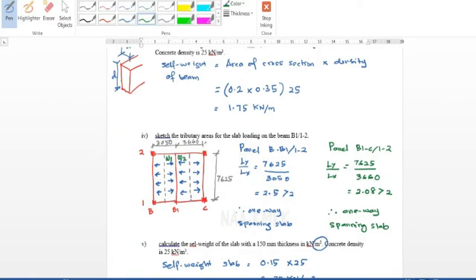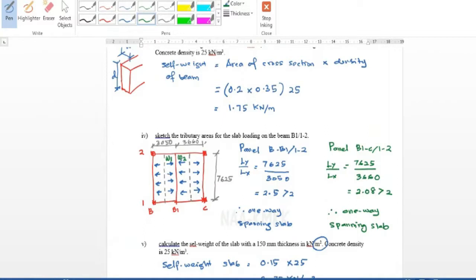It's not 11.36, that one is the total ultimate load of slab. But now beam B112 just supports W1 and W2, a part of 11.36.